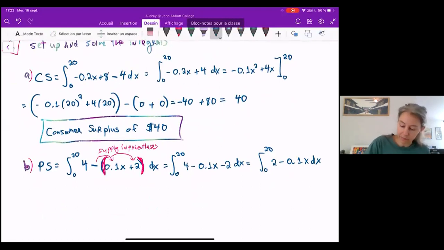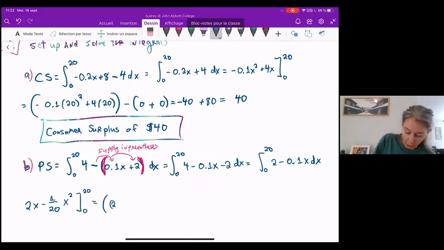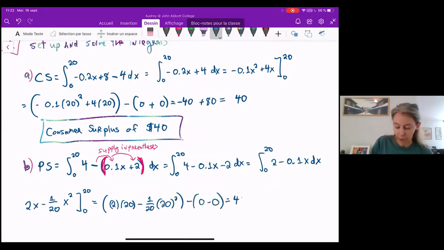And this gives me the antiderivative of 2x minus 0.1 over 2, that is 1 over 20, so that's 1 over 20 x squared that I'm evaluating between 0 and 20. So I have 2 times 20 minus 1 over 20 times 20 squared minus 0, which gives me a 40 minus 20, which gives me 20.